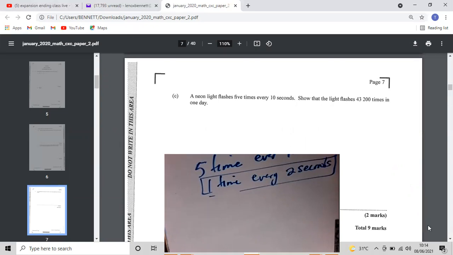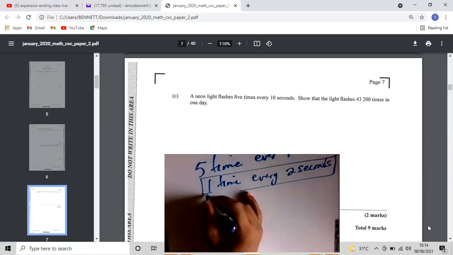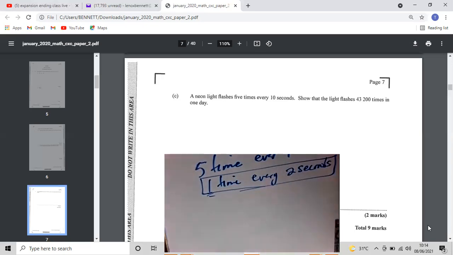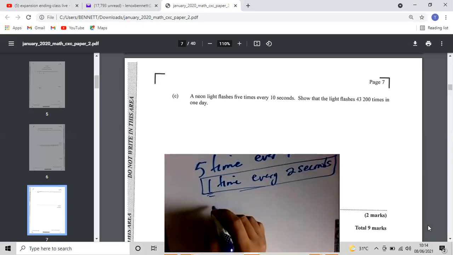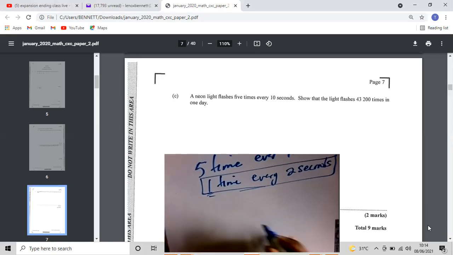All right, so let us see what it says now. Show that the light flashes 43,200 times in 1 day. So we would have to calculate how many seconds there are in a day.